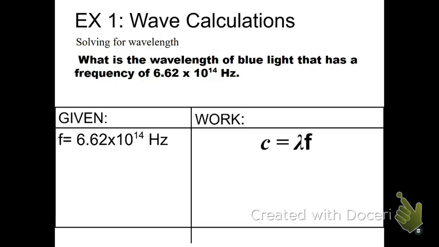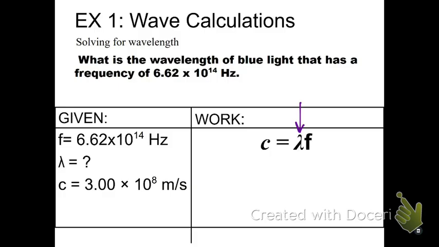Our next thing that we always know is which variable? Good. The speed of light, c, is going to be 3.00 times 10 to the 8th, because that's always what c is going to equal. And of course, in this one, it's asking us to solve for the wavelength. So in this problem, we are trying to find this one.